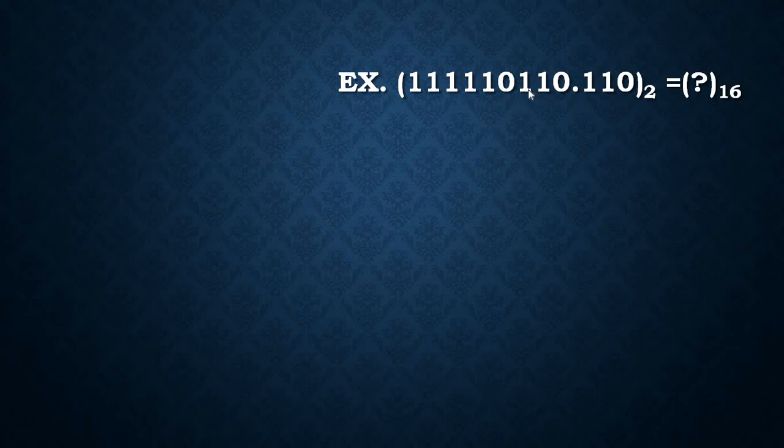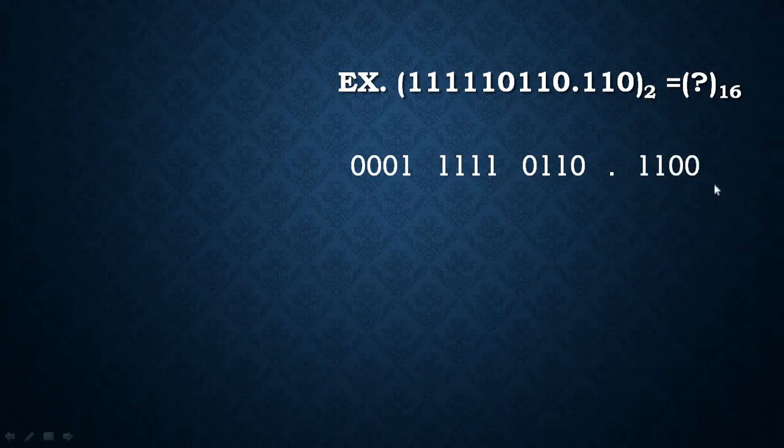We get the first group as 0110, the second group as 1111, and the last group as 0001. Because only one digit remains here, we append 3 zeros to create a group of 4 bits. Again we write the point here, and for the next group we have to append 2 zeros. Due to this it becomes 4 bits, 1100.